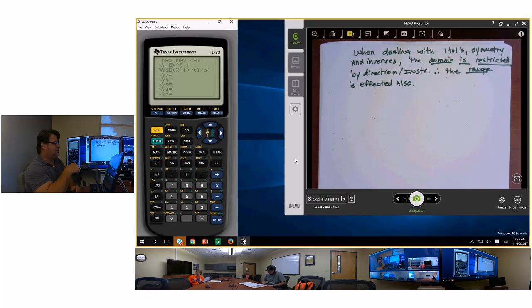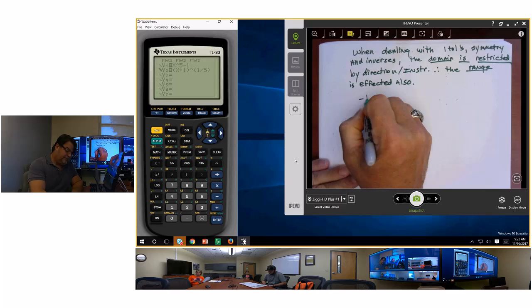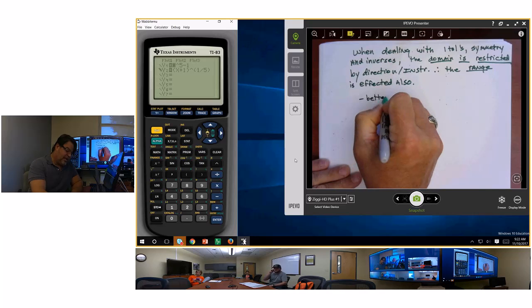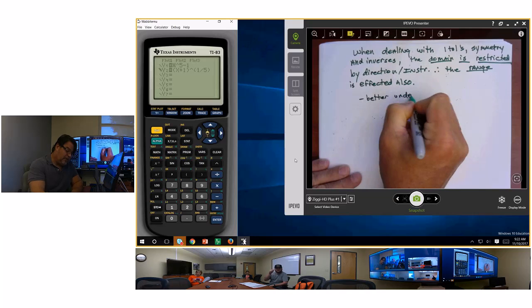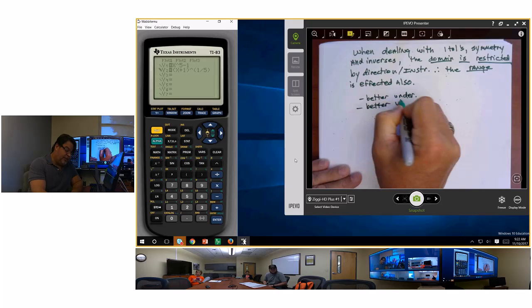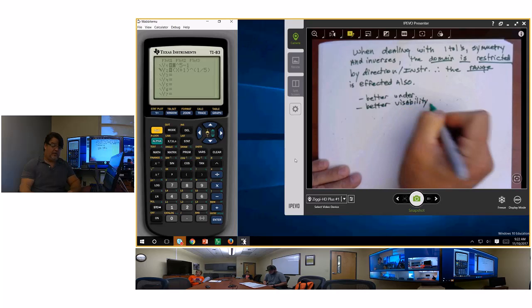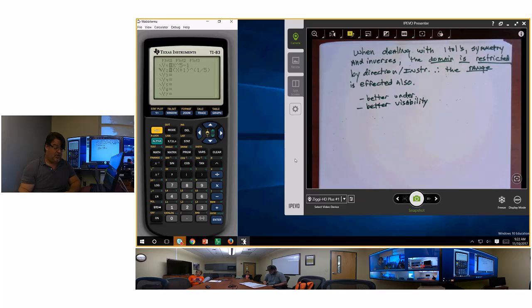So they restrict the domain and range basically for better understanding and better visibility. Now, of course, if you ask any math teacher, they're not going to say that, but that's basically why they do. This is why in this section you will see some restrictions to the domain and range.